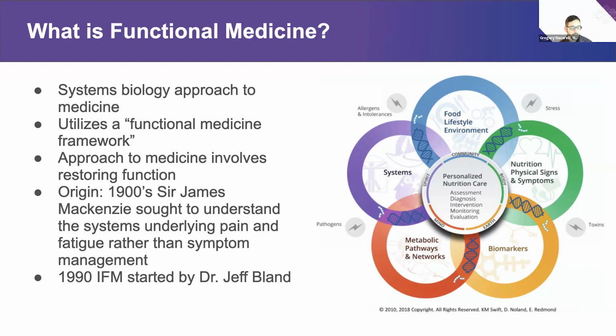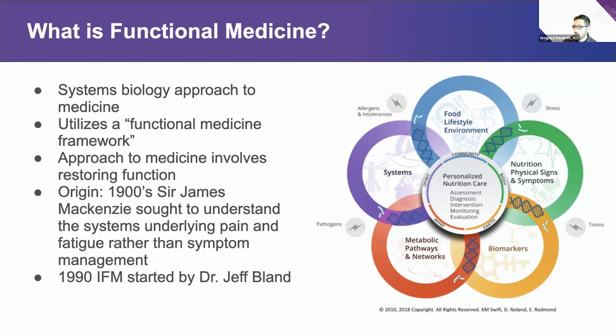This originated in the 1900s. There was Sir James Mackenzie, who was in Scotland working at a clinical institute, and he wanted to see if there was a way to treat his patients who had underlying pain and fatigue by looking at things through entire systems rather than just symptom management. And he wrote in his book that restoring function might be one way to help these individuals.